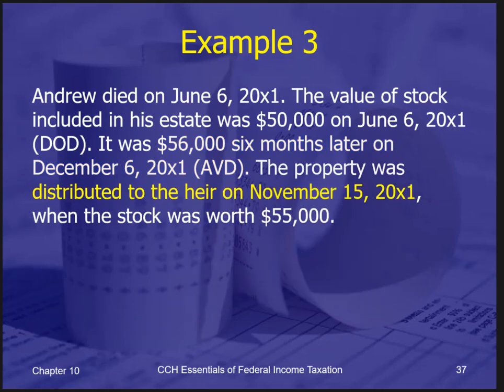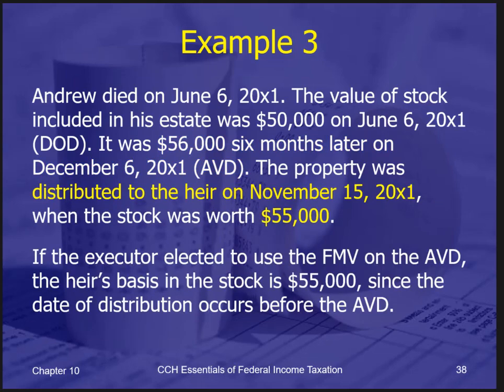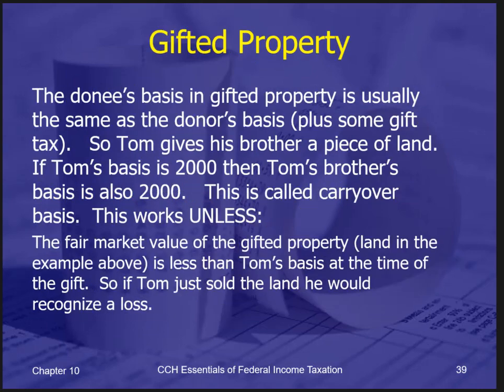Okay, so another example, if the date of distribution occurs before the AVD, then that's the date we use. Now, gifted property, we're going to save till part 2 of our discussion here, because it's kind of involved. So we'll come back to that in part 2.